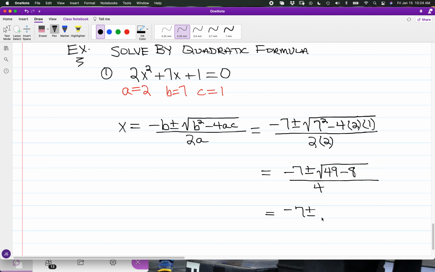So you have negative 7 plus or minus the square root of 41. Now 41 is a prime number. So unlike, say, 48 from earlier, as well as 28, this is a kind of radical that cannot be reduced.